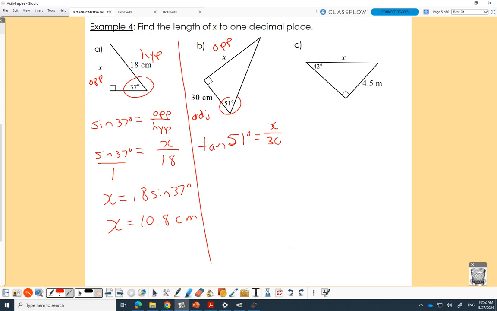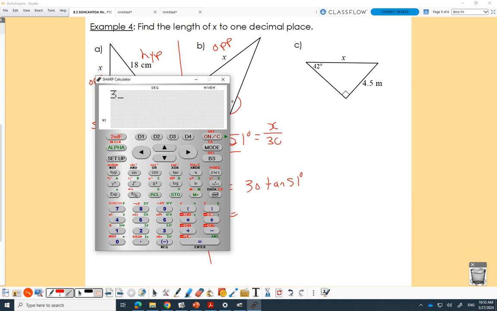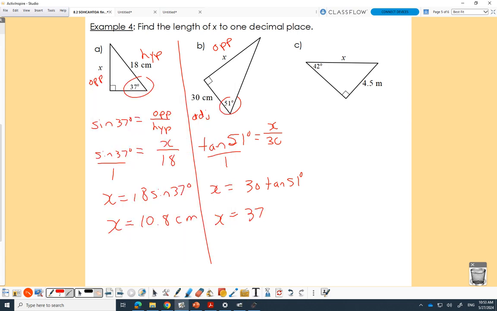We want to cross multiply, but it's not a fraction. How do we make it a fraction? Put over 1. And then we cross multiply. X times 1 is x. And over here I get 30 tan 51. 37.0. Yes, write the point 0 to say, yes, I looked at it and it made sense that it wasn't 37.1, it was 37.0.